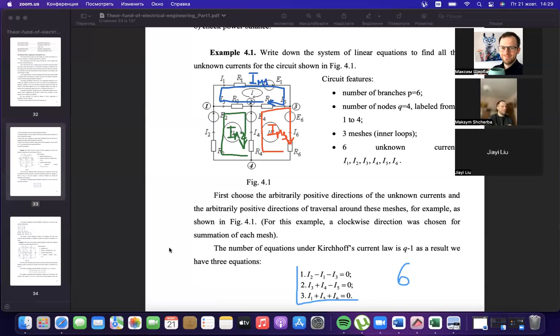The real values, for example, I1 in the first branch, here it is. It should be just the same as the mesh current, because nothing else flows through this branch. Such I1 should equal only IM1. Then the second current, I2, as we see, should also equal only mesh current 2.